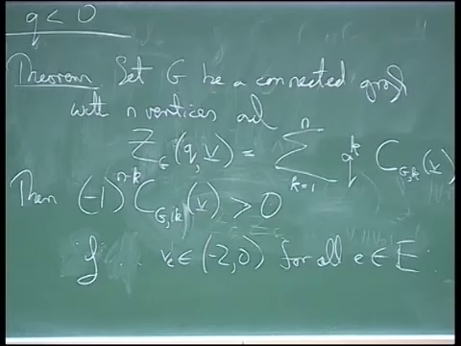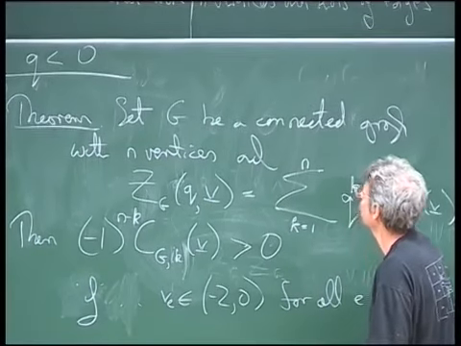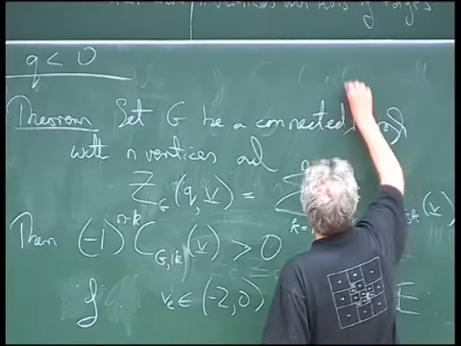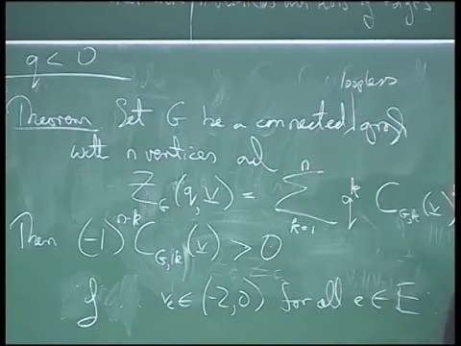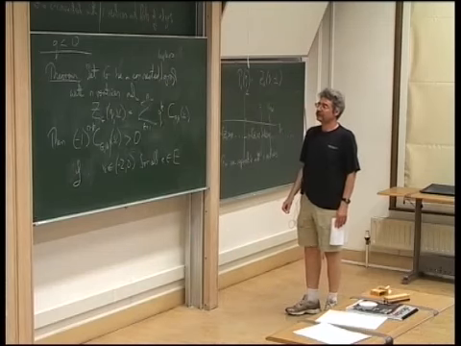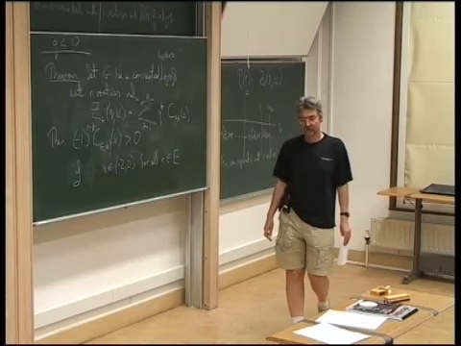I think you want loopless, don't you? Loops always make a mess. Yeah. A loop at e brings in an overall factor 1 plus v_e, and that could have either sign here. So I try to simplify everything by thinking of non-separable graphs.